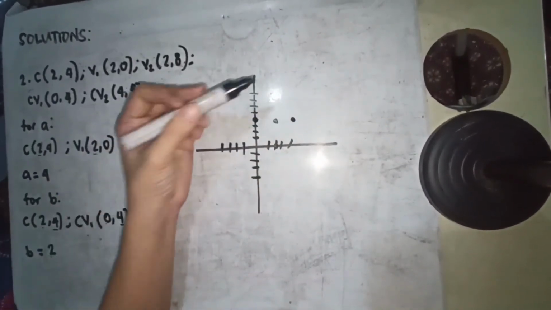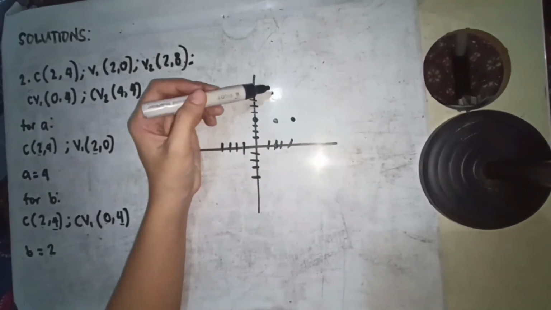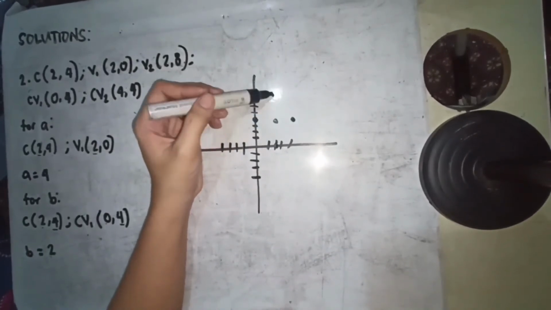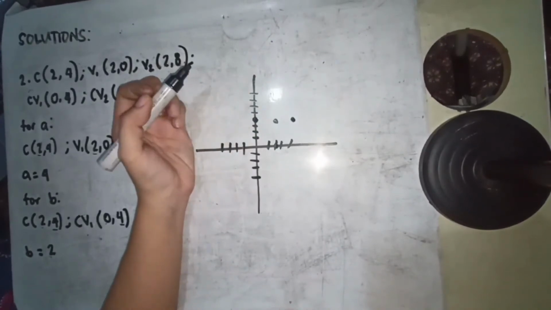4 and 4. So, since our vertices are standing upright, the major axis is vertical.